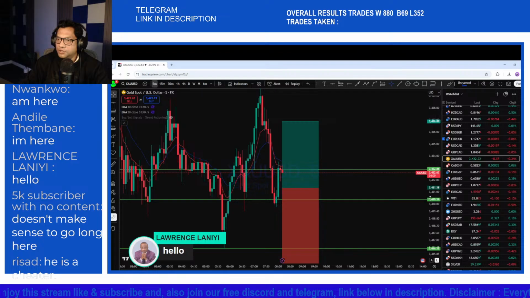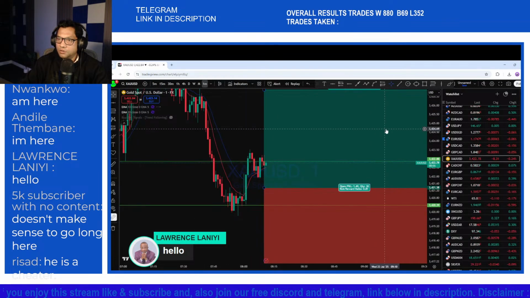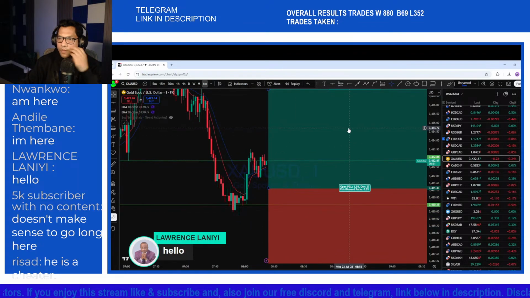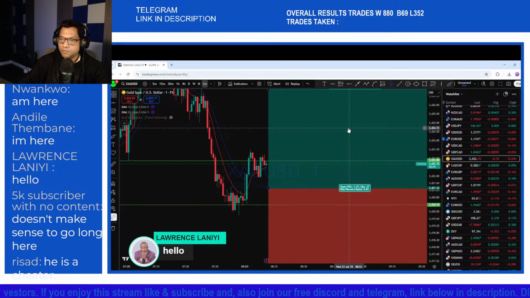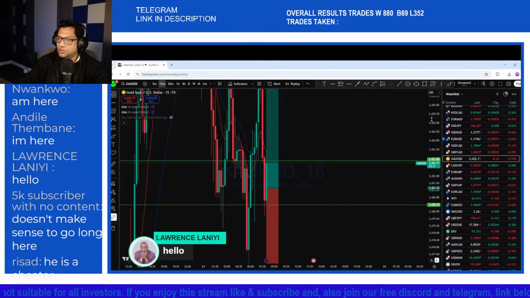So here the price is trying to, let's look at the 1 minute chart, what kind of market structure is forming. So there is a 15 minutes close.